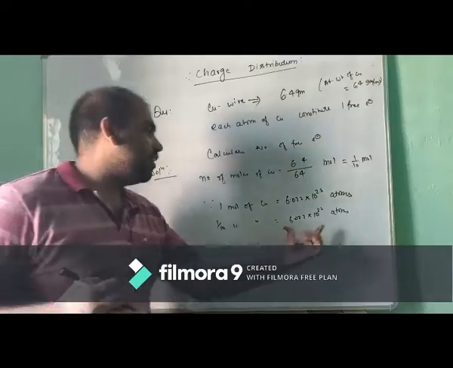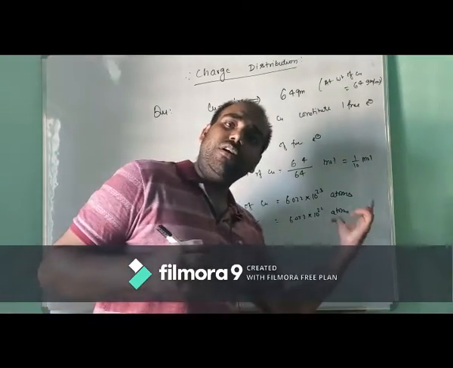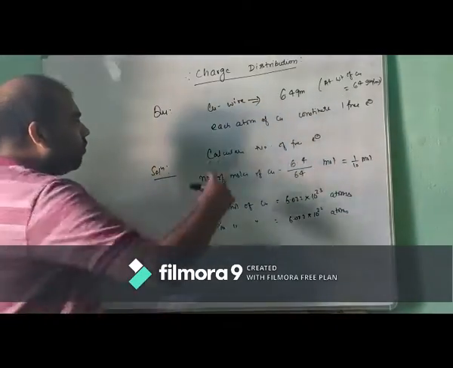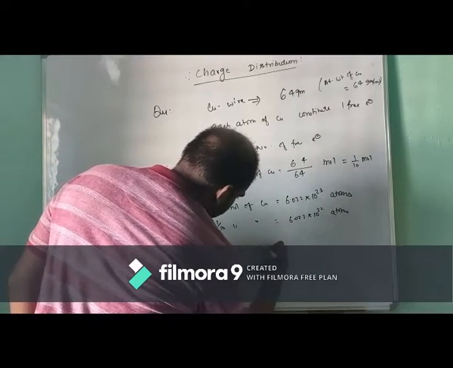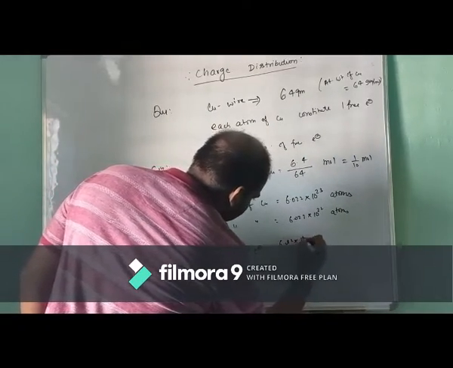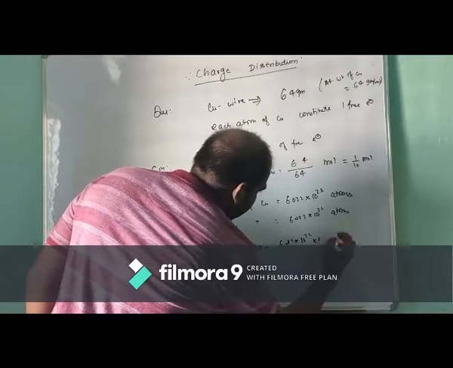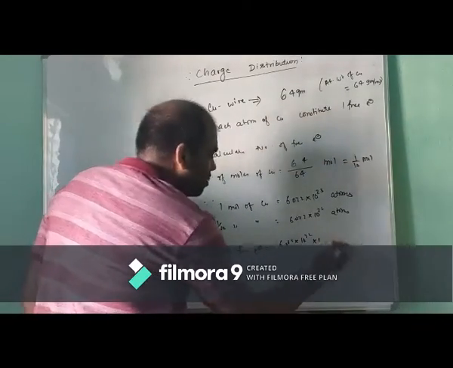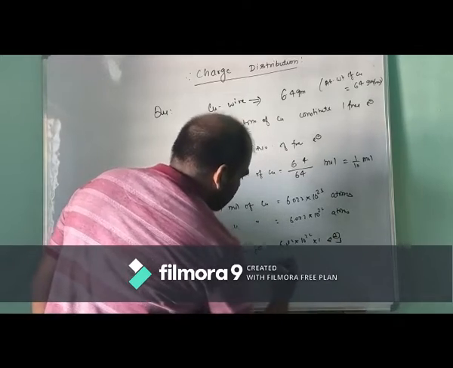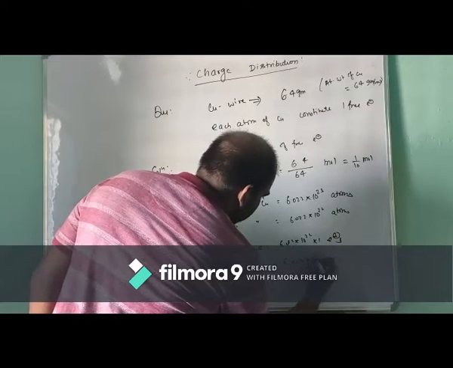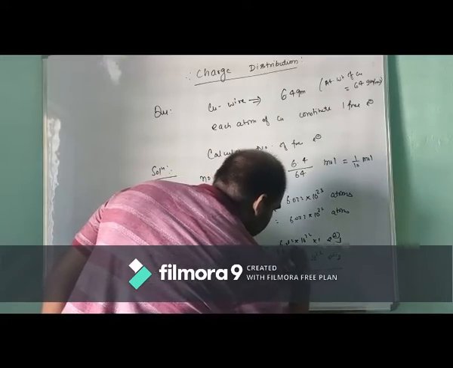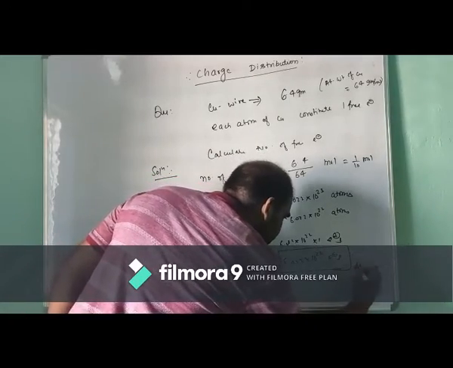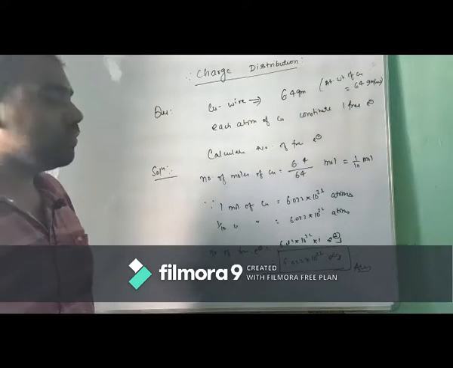How many atoms are there? 6.022 into 10 to the power 22 atoms are there. So the number of free electrons will be 6.022 into 10 to the power 22 into 1. And that you got, 6.022 into 10 to the power 22 free electrons. That is your answer.